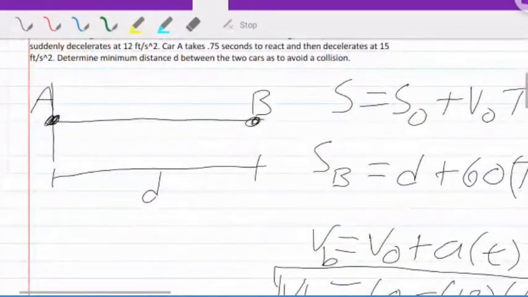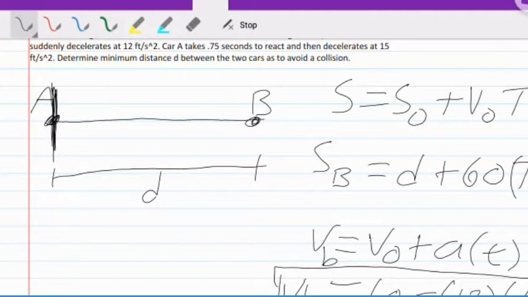He takes 0.75 seconds to react. So from the origin, 0.75 times his velocity of 60 gives us 45 feet. That means he travels 45 feet before he ever hits his brakes.